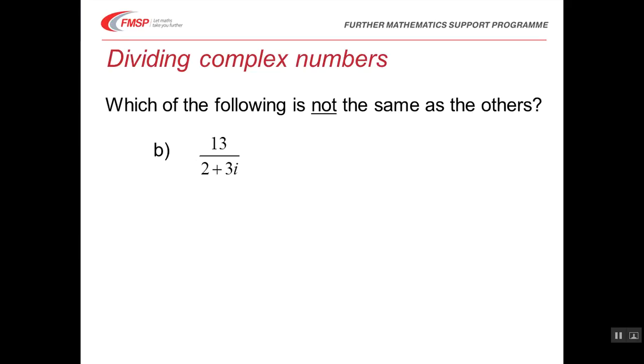So that one was 2 minus 3i. So we have a look at the next one, 13 over 2 plus 3i. So we need to take a little bit more care rationalising this one. We look at the denominator with the 2 plus 3i, and we're going to times top and bottom by 2 minus 3i, the complex conjugate.